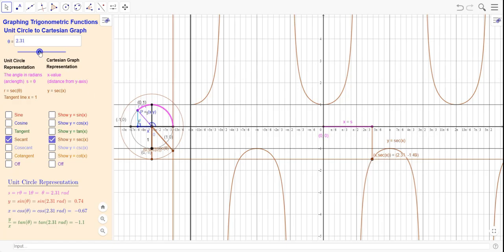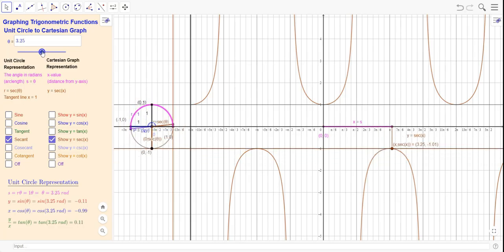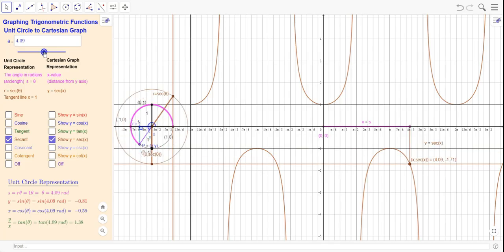Then eventually they get up to and turn around when y is negative 1, which happens when x is pi. So on the picture, when I put in pi right here, we're at negative 1 there. Then as we go a little further into the third quadrant, it comes back down.